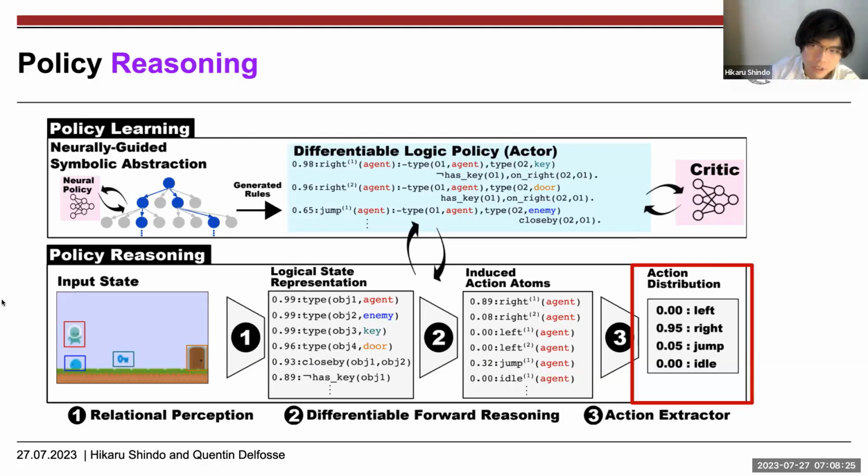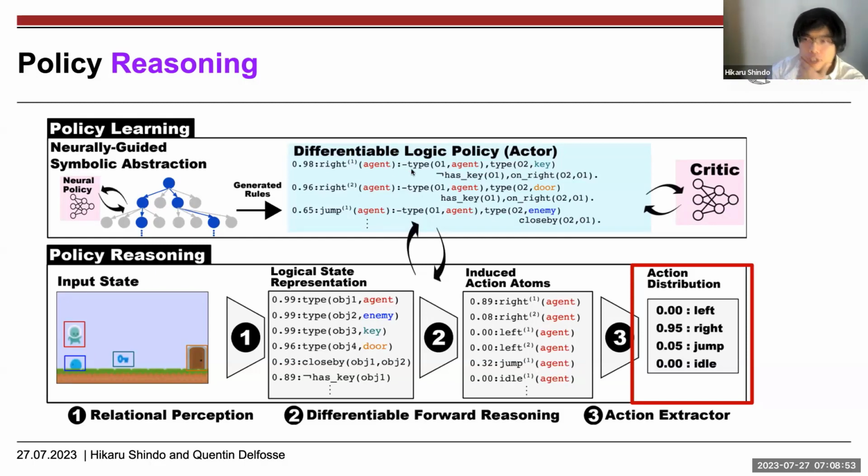In this environment, when you want to go right, you can have several reasons. Before the agent gets the key, the reason should be to go right to get the key. After having the key, the reason should be to go to the door.